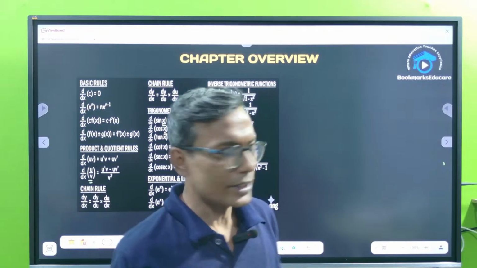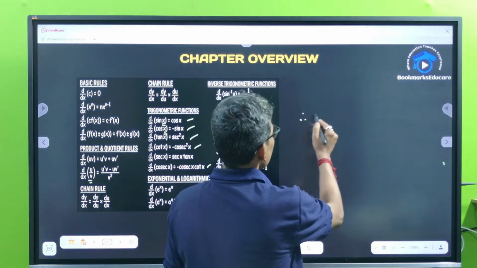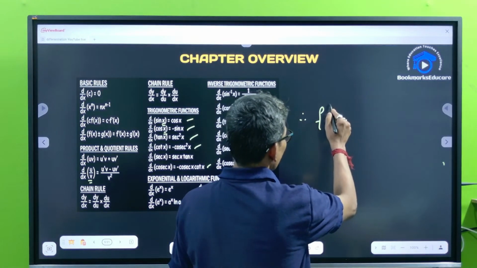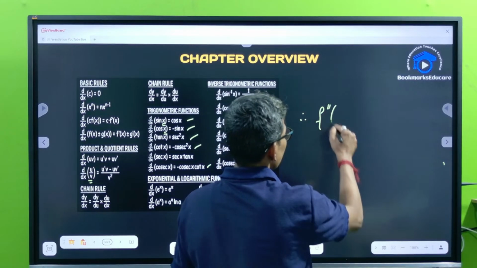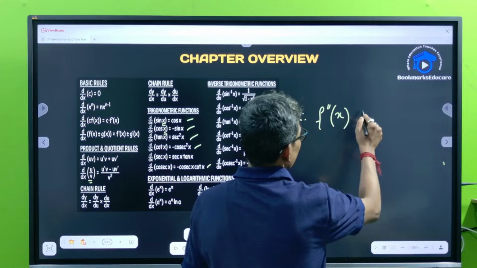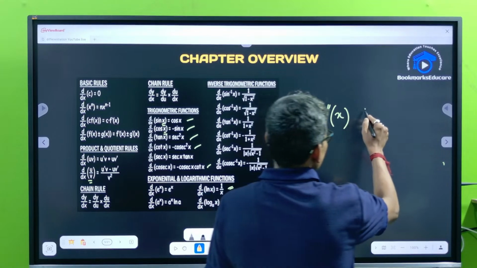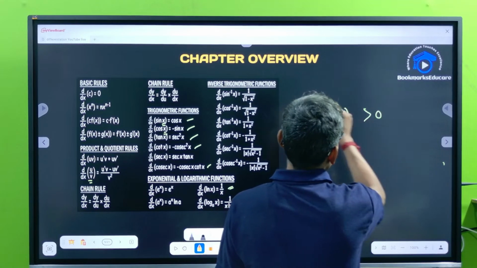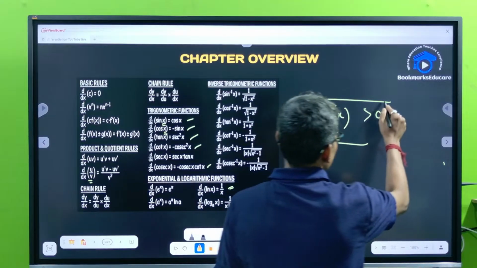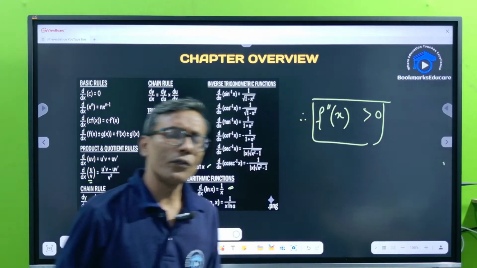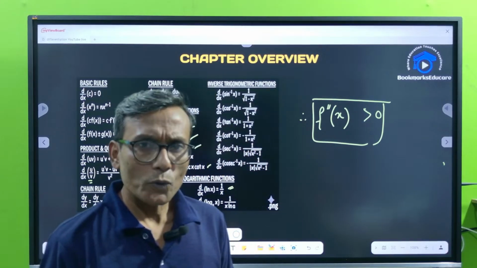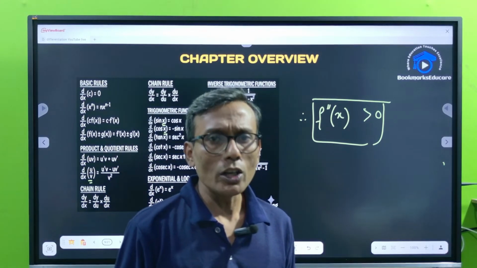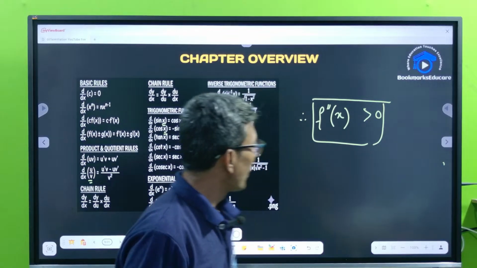So what is concavity? If the double derivative of a function, denoted f double dash of x, is greater than 0, then we can say the graph of the function is opening upward, or concave up.